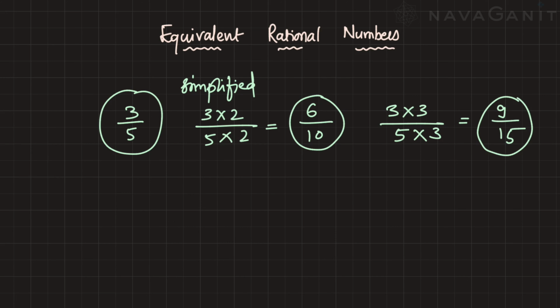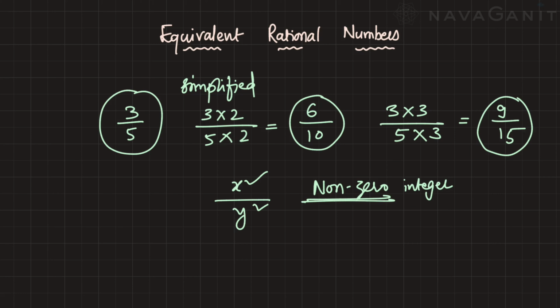So the key point that you need to understand is that multiplying or dividing both numerator as well as the denominator by the same non-zero integer gives an equivalent rational number. Let us say I have a non-zero integer z.